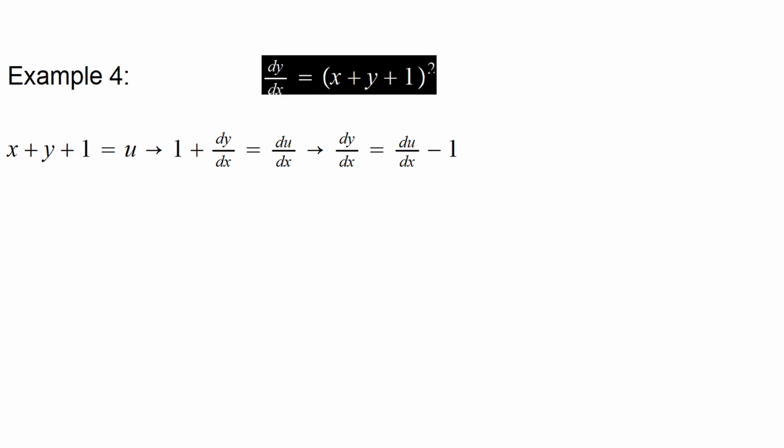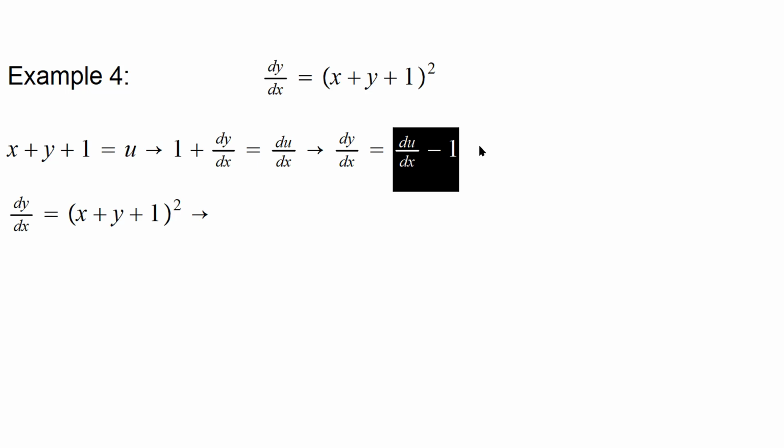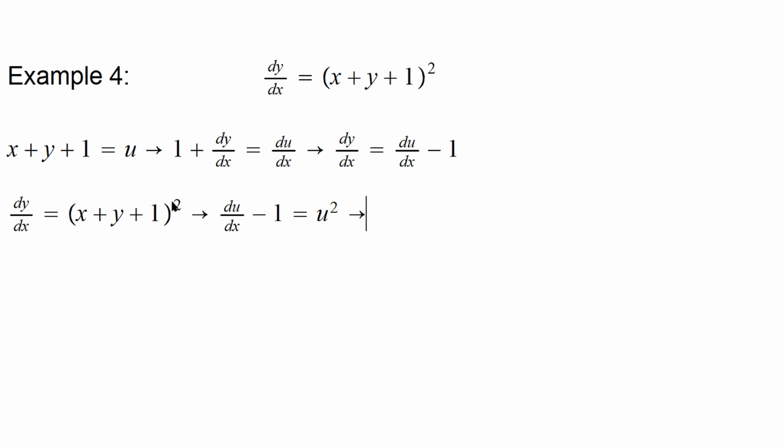So what we get here is that du dx minus 1 equals u squared, right? And that implies that du dx would be 1 plus u squared, right?